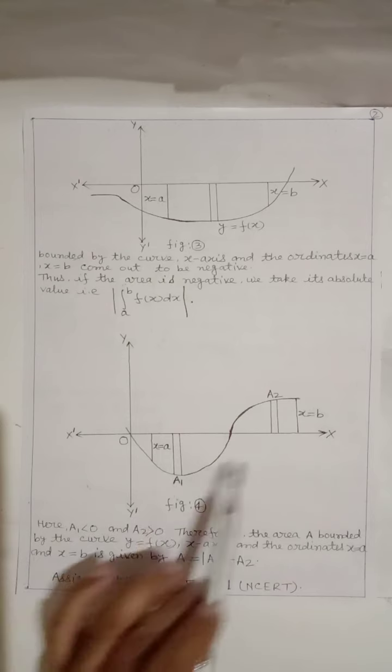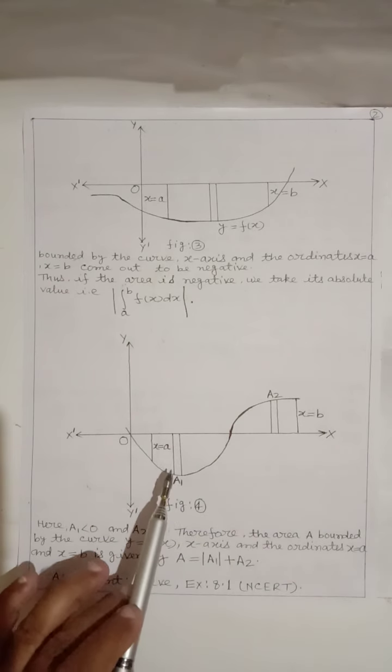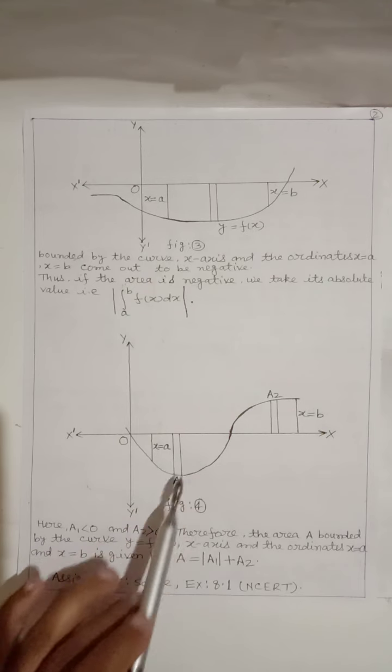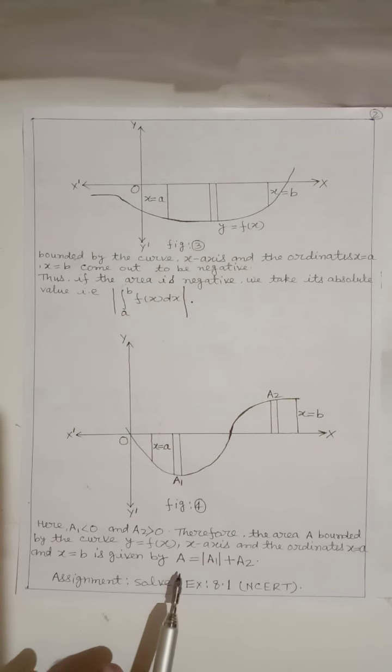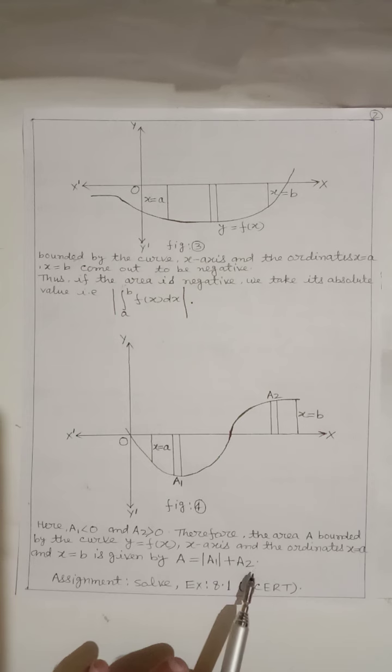Here this is A1 and here this is A2. Already we know the area is always positive, so for this we take the absolute value of A1. Therefore required area equal to mod of A1 plus A2.